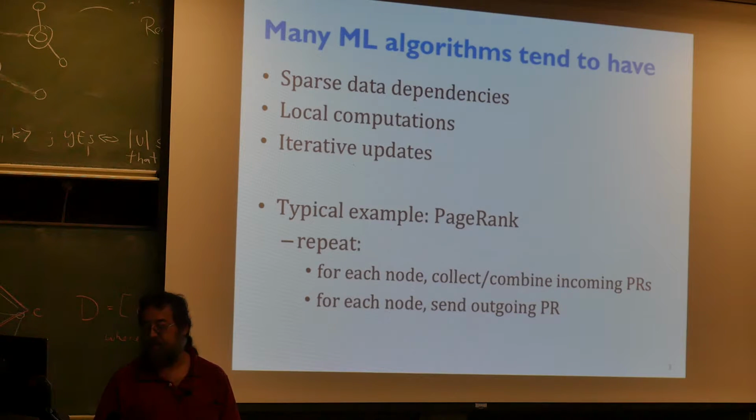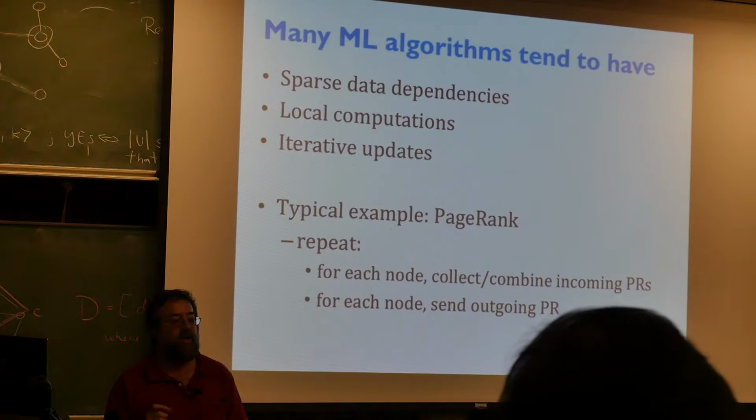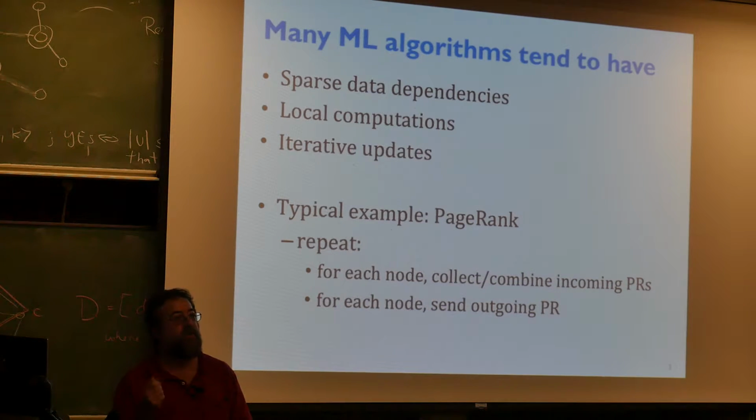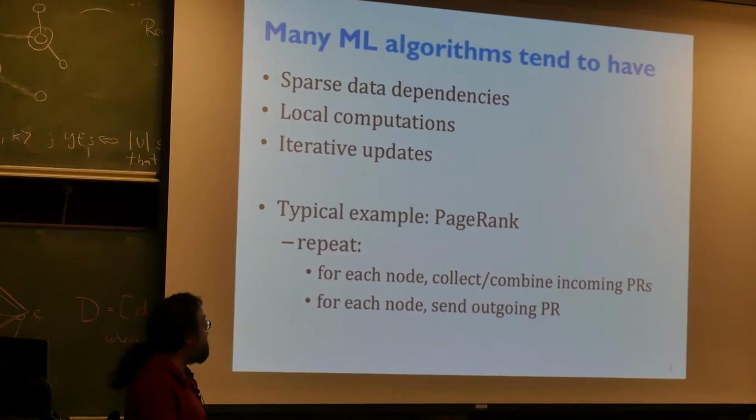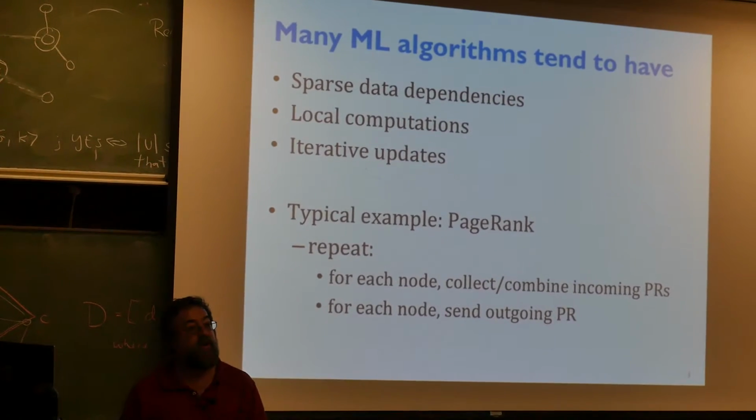A lot of them have the property that each parameter you're updating depends on only a small amount of data. So you can do local computations, but sometimes the structure of those computations is complex. It's often the case you do some sort of iteration.